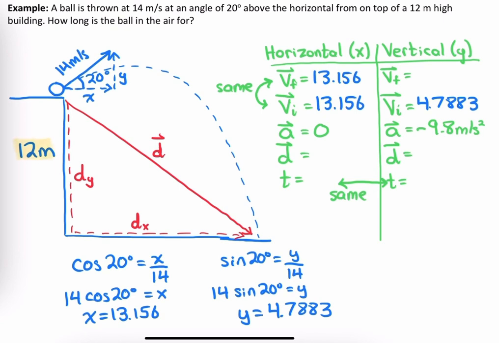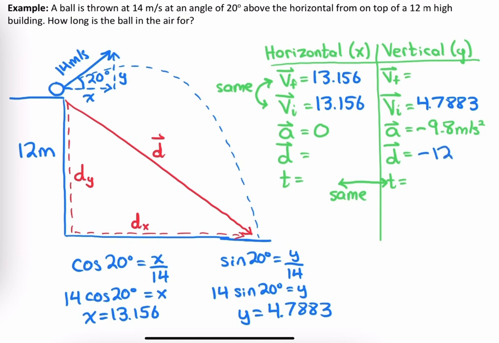This 12 meters is this here, which is the y component of displacement. So that goes here. And because it's going down, this is going to be negative 12.